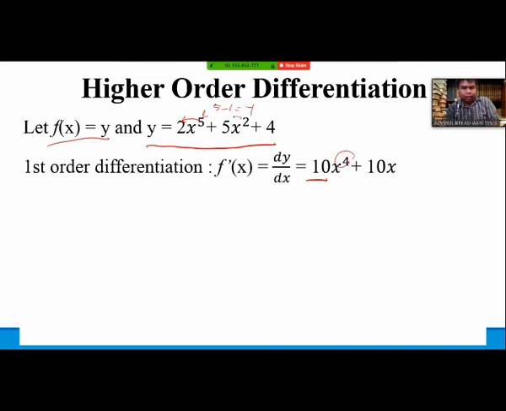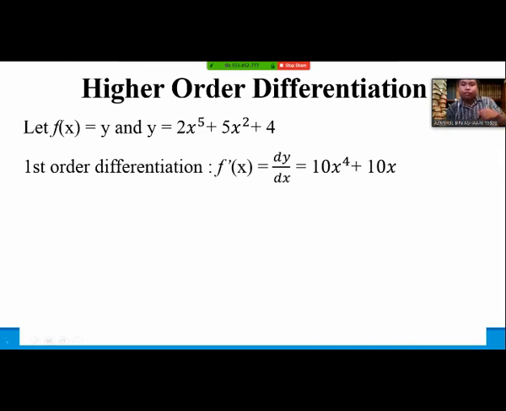And this 2 moves to the front, it becomes 10, and 2 minus 1 becomes 1, so this is power of 1. Because this one is a constant, it becomes 0. This is the first differentiation.